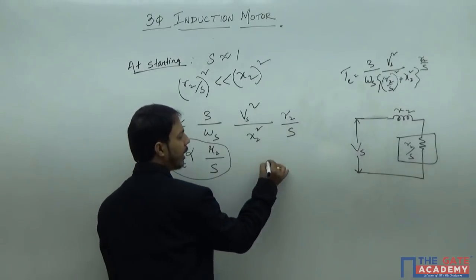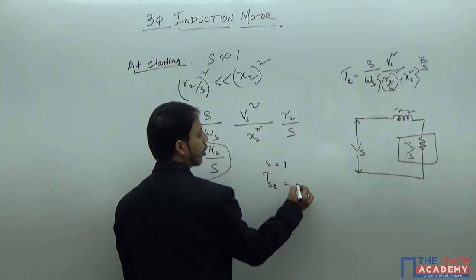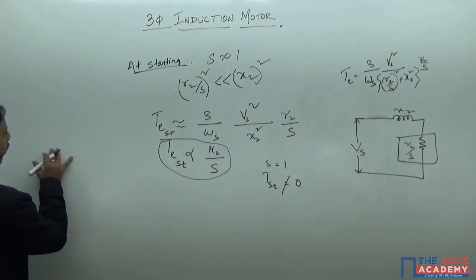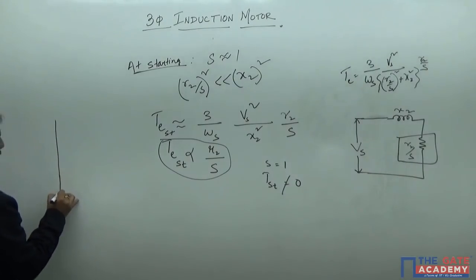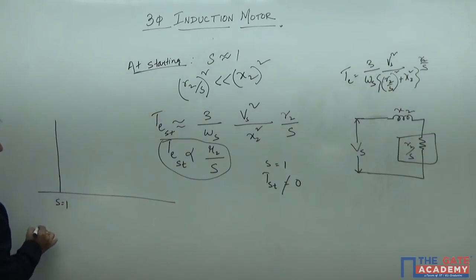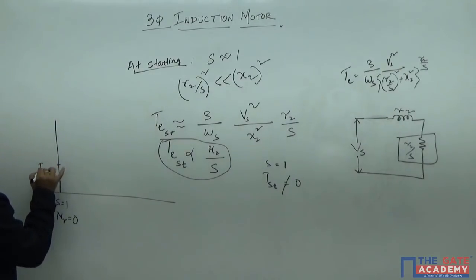Also, at starting when S is equal to 1, or NR is equal to 0, my starting torque is not equal to 0. That means I have some starting torque, TS.